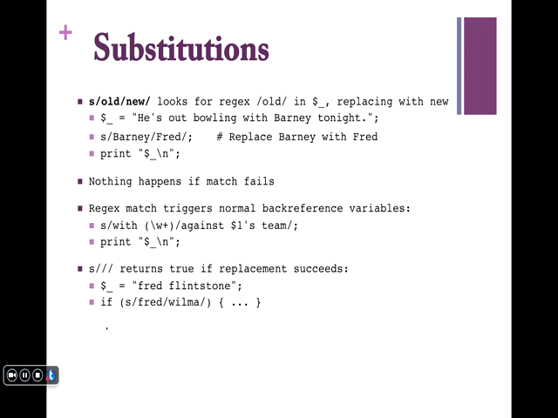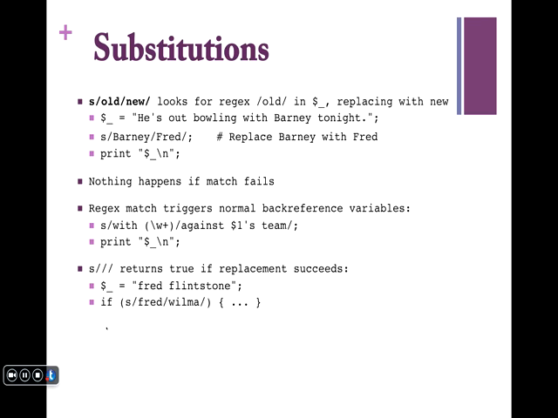So usually the typical format of the substitution is the following. The first line, s/old/new. We are saying take a sentence and match it with the regular expression that is in old and replace it with new. Okay, so in the first example we have in $_ the following text: He is out bowling with Barney tonight.